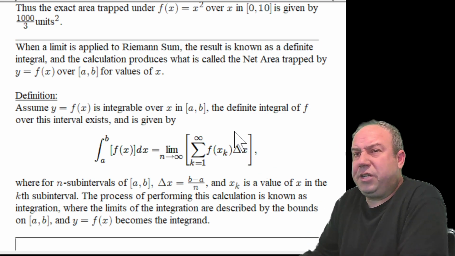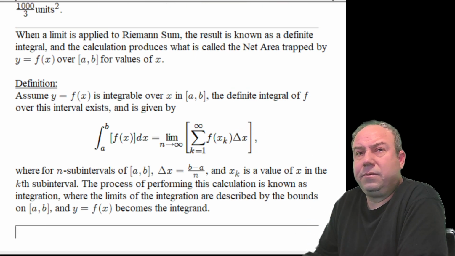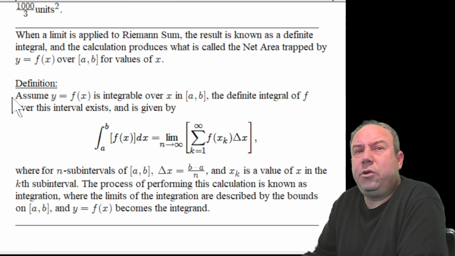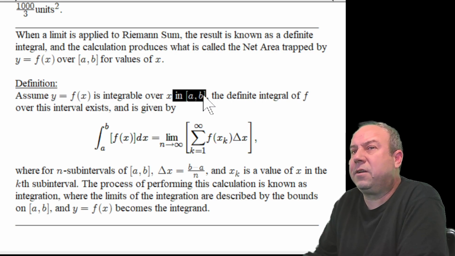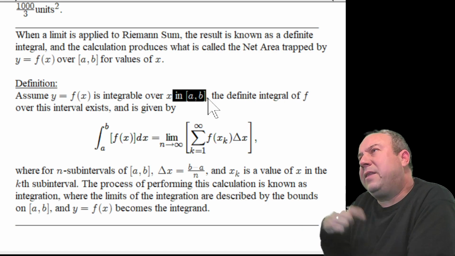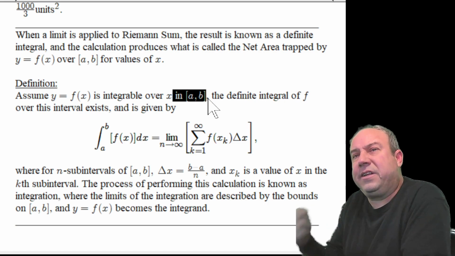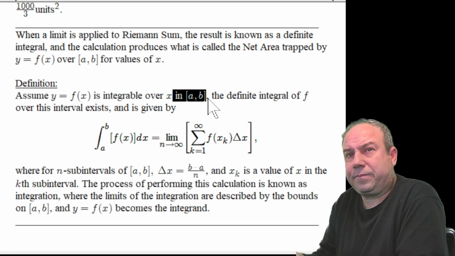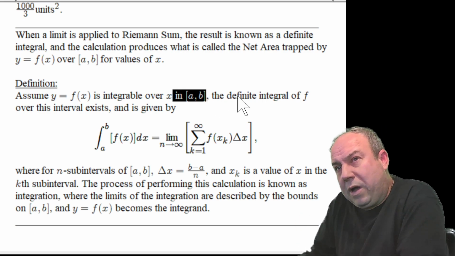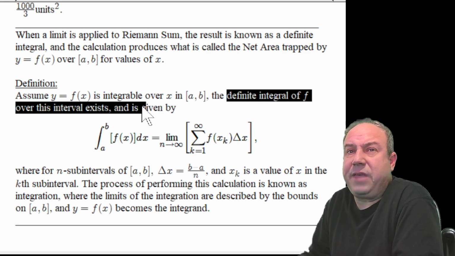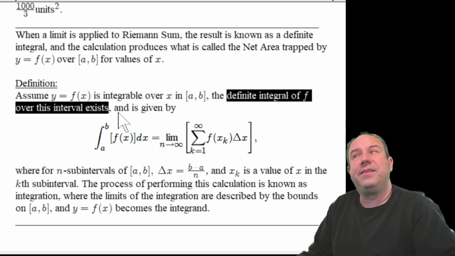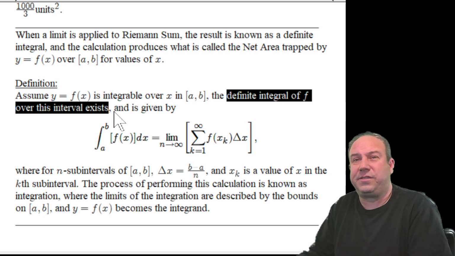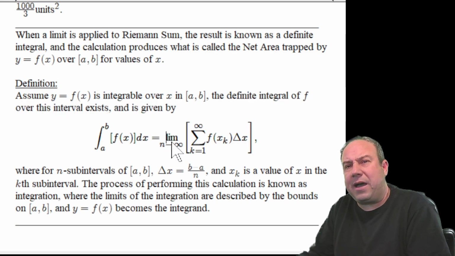In the definition of the definite integral, we assume y equal to f of x is integrable over values of x in the interval from a to b, meaning that we can go about finding its definite integral. Right? Well, its definite integral of f then is going to exist over this interval.